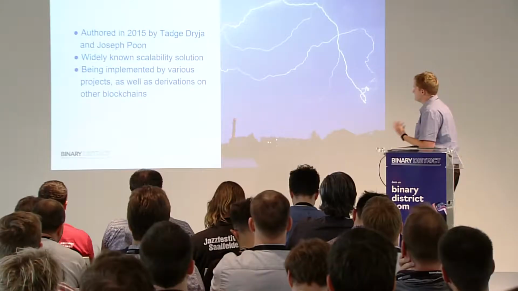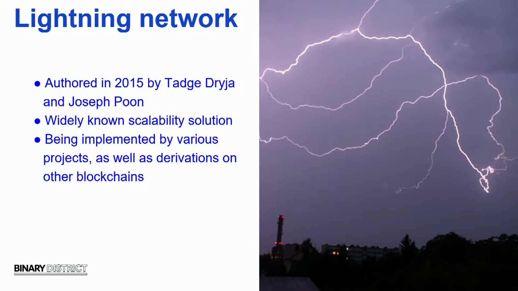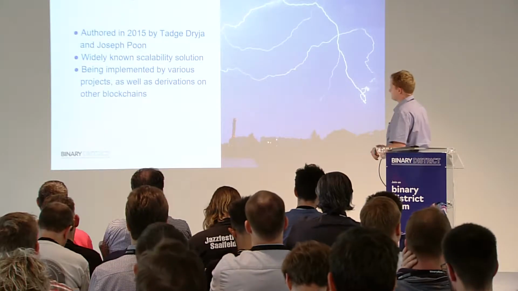The Lightning Network paper was authored in 2015 by Gert-Jaap and Joseph Poon. It's widely known. Everybody's talking about it or working on it. A lot of people are involved, and it's being implemented by, I think, 3 or 4 implementations, maybe even more. There are also derivations of the same setup being implemented for other blockchains.